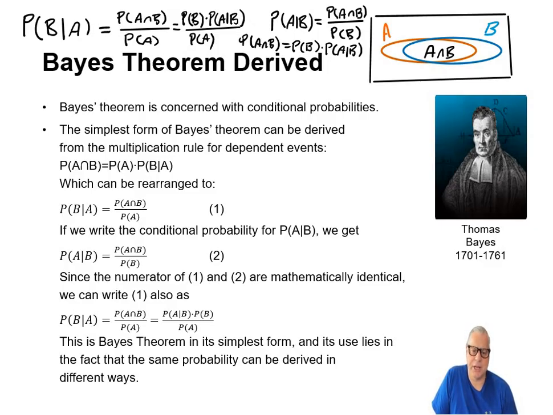Again, we start out by acknowledging that the probability of B given A is the probability of A and B over the probability of A. But then we said, what if somebody wants to know the probability of A given B?